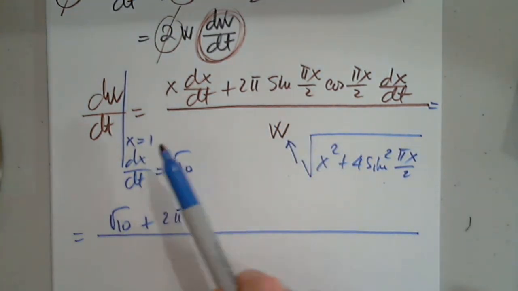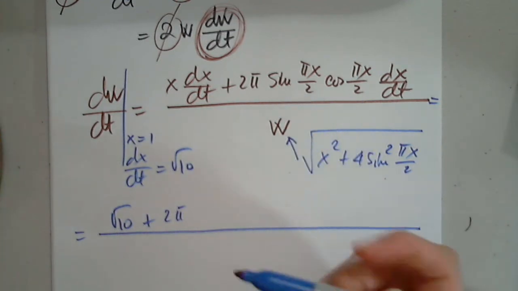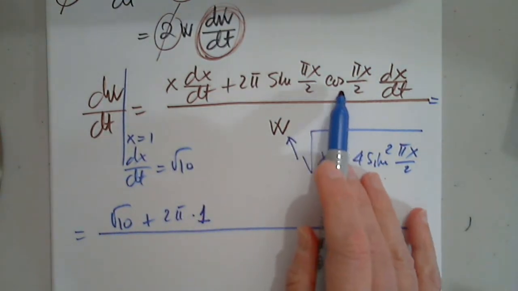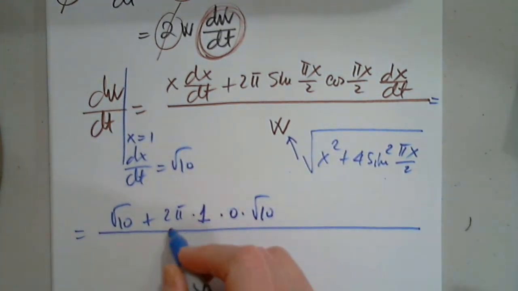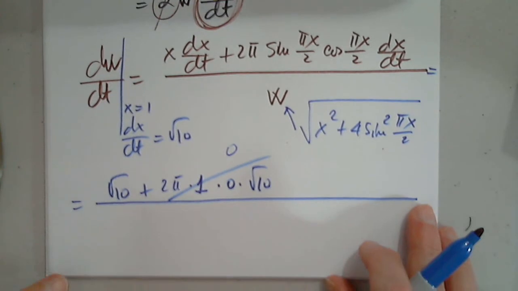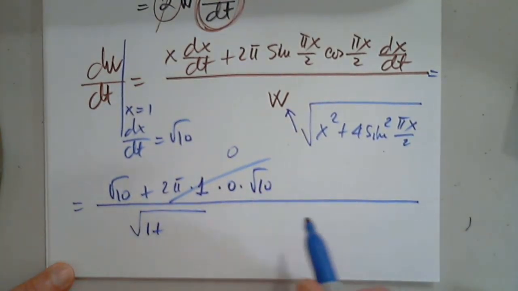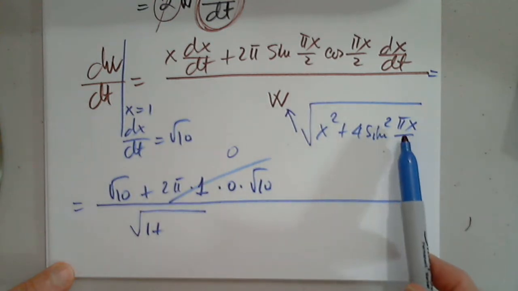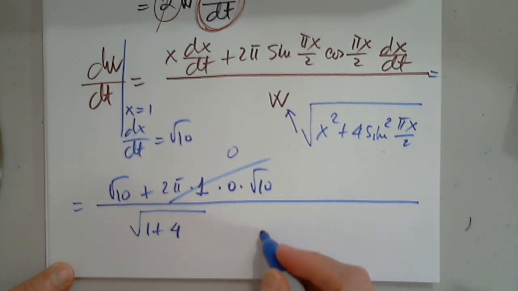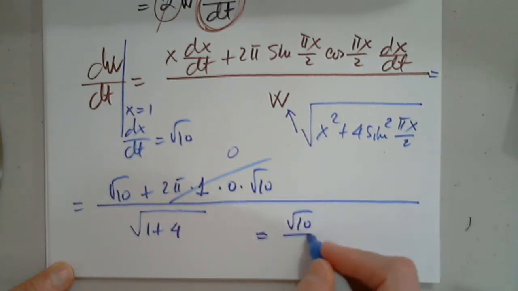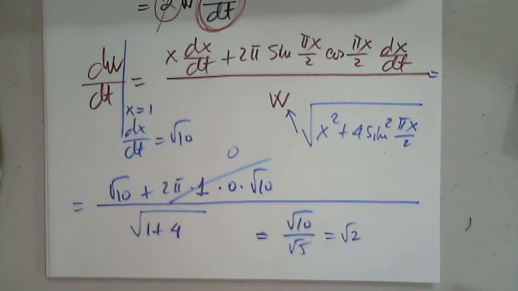When x is 1, sine pi over 2 is 1, but cosine pi over 2 is 0. So all this is 0. Nice. Over the square root of 1 squared plus sine of pi over 2, which is 1, squared is still 1, so 1 plus 4. So the final answer is the square root of 10 over the square root of 5, which will be the square root of 2.